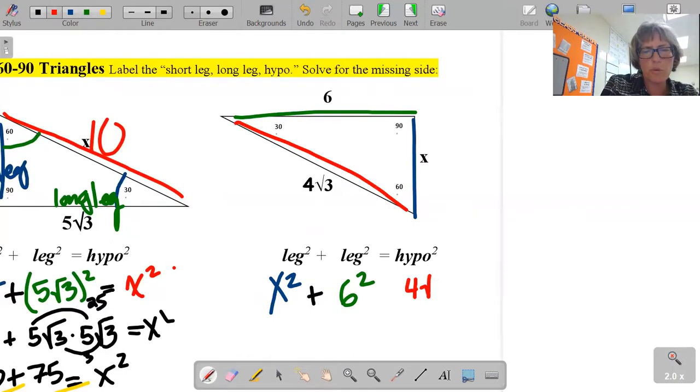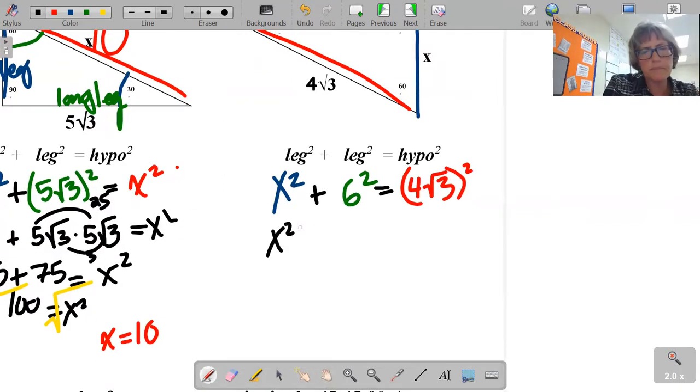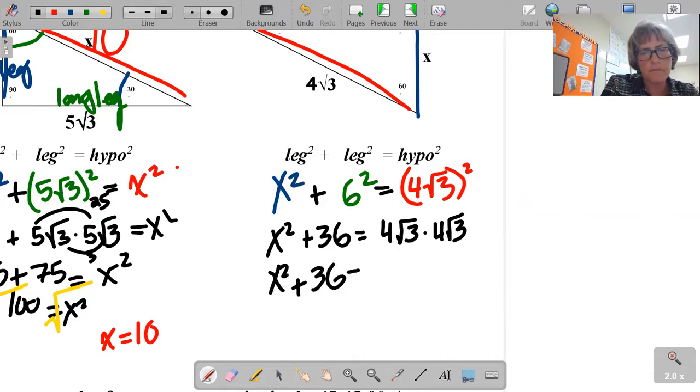And our hypo is 4 root 3 parentheses squared. 4 times 4 is 16. Root 3 times root 3 is 3. 16 times 3, 48.